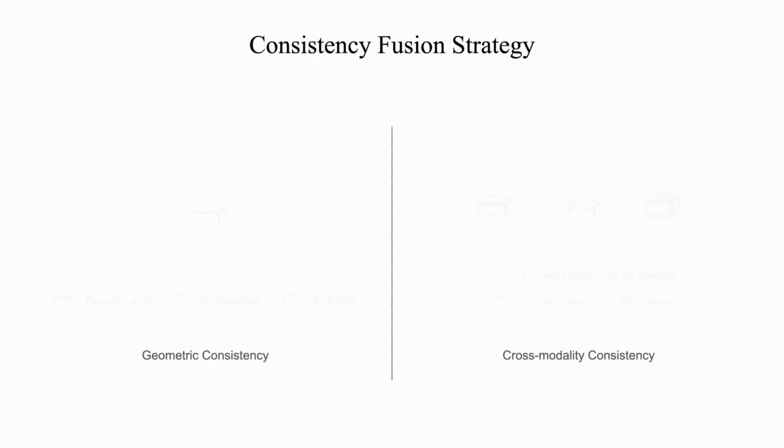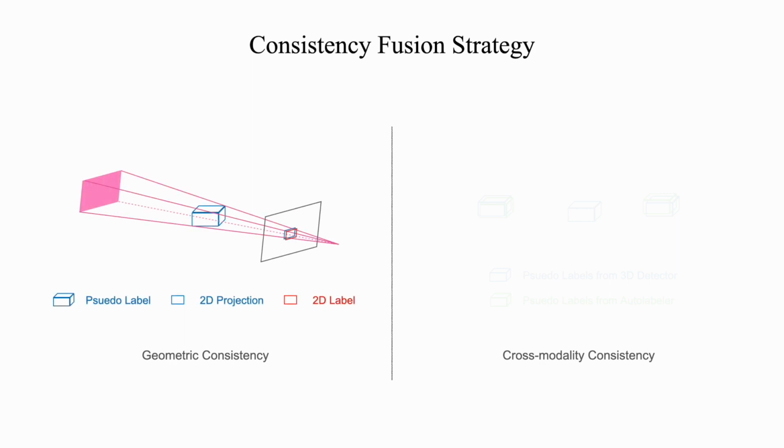Our consistency fusion strategy is generally based on the geometry consistency and cross-modality consistency of these pseudo-labels. First, we project the pseudo-label back onto the image and compute the 2D IoU with its corresponding 2D label, because a true positive tends to have a higher IoU than a false positive.